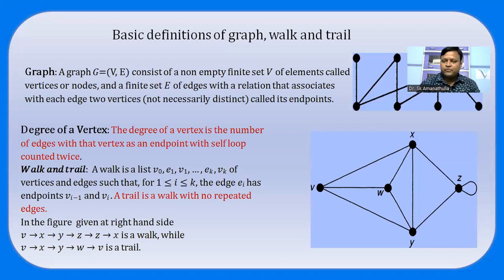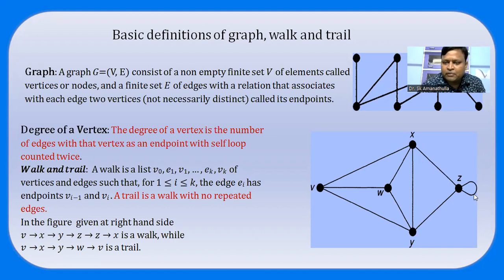What is a self loop? In general, for an edge, the 2 vertices are distinct. For the edge between X and Y, the vertices X and Y are distinct. But if the starting and ending vertex is the same, then this edge is called a self loop.